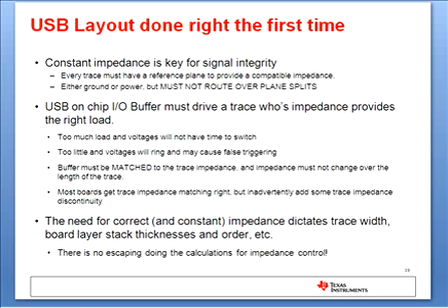Another consideration is that the USB on-chip I/O buffer, or the buffer that's part of the integrated circuit, should drive a trace whose impedance provides the right load. Too much trace load may prevent voltages from switching in time. Too little trace load may lead to voltages that ring, and as stated earlier, may cause false triggering.